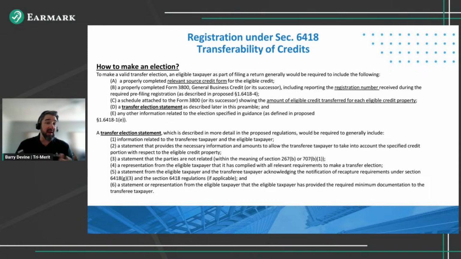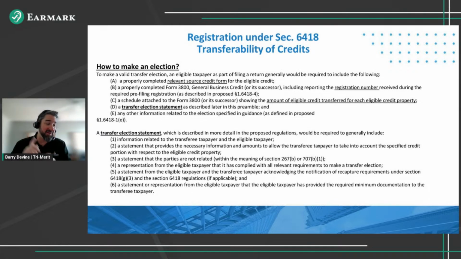So this is how to make the election. It's very critical. If you're a seller, you go in the portal, you receive that registration number, and that is going to go with the sale. And the buyer is going to take the seller's registration number and file the tax return, because the IRS, after PPP and ERC, they're a little tired of fraud.